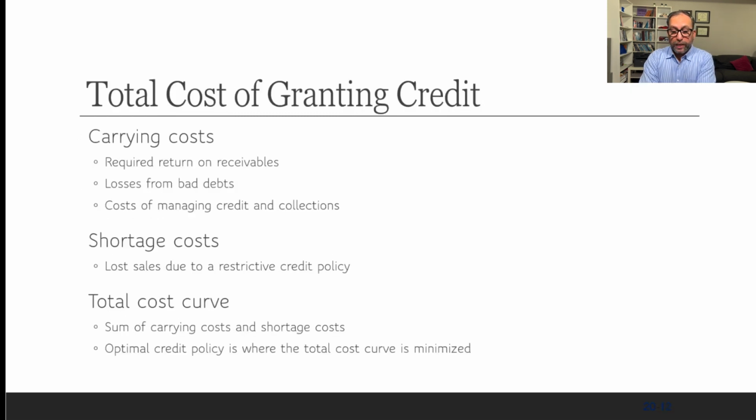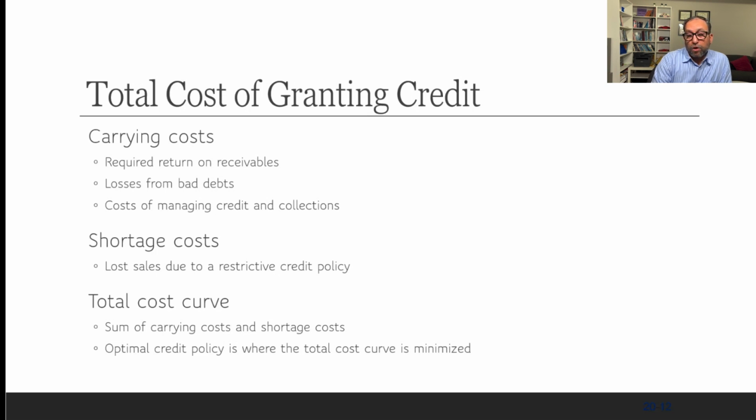The total cost of granting credit is the carrying cost. We already discussed carrying cost and storage cost in our previous chapter. These include the required return on receivables, losses from bad debts, and the cost of managing credit and collection. These are all the costs we call the carrying cost of selling on credit.